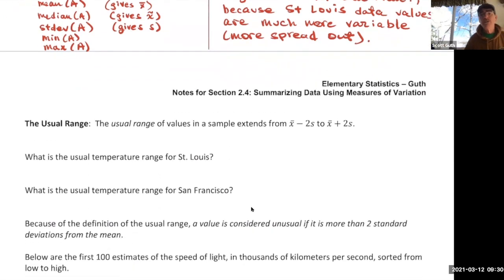But right now, we have something called the usual range. If you take the mean, X bar, and subtract 2 standard deviations from it, this is 2 standard deviations below X bar. And this is 2 standard deviations above X bar.